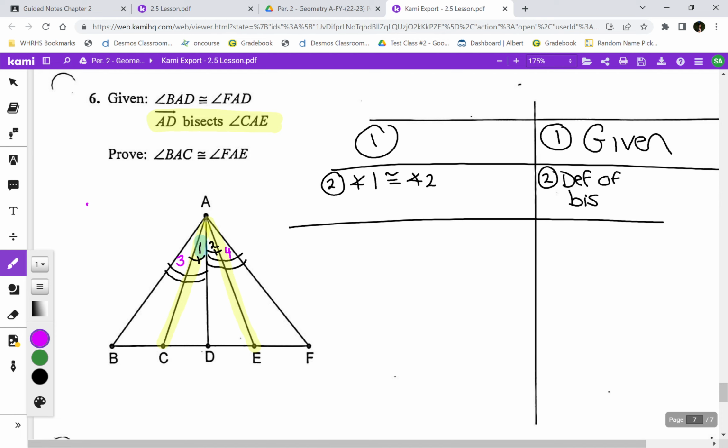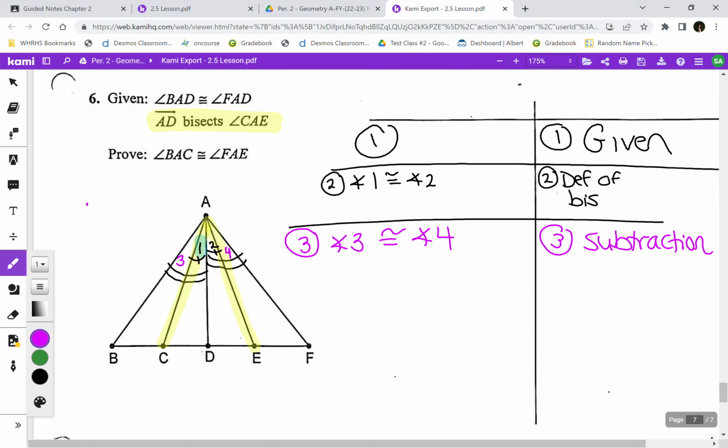By definition of bisector, we got angle 1 and angle 2 congruent. For what reason would I be able to say 3 and 4 are now congruent? Milo? Yep. Subtraction. You got it. So angle 3 is congruent to angle 4. That's what we wanted to prove, and our reason is subtraction.